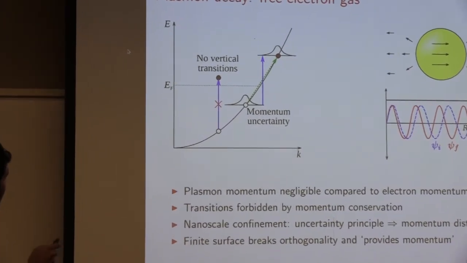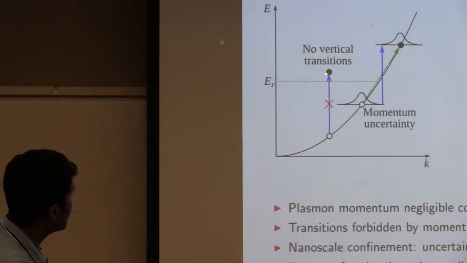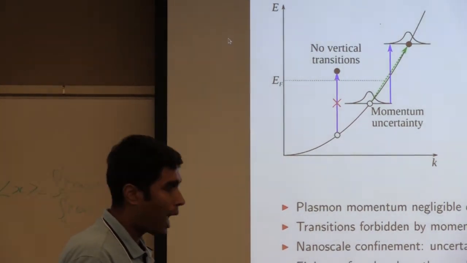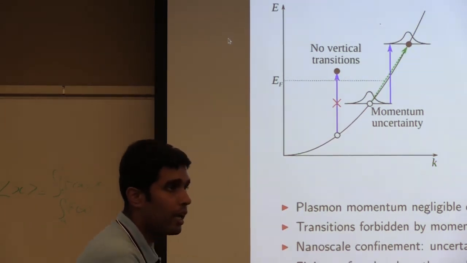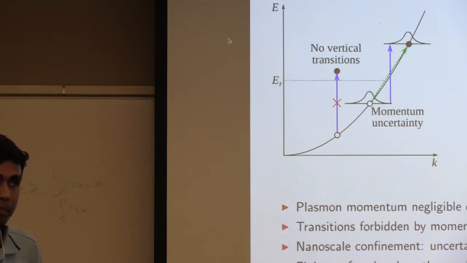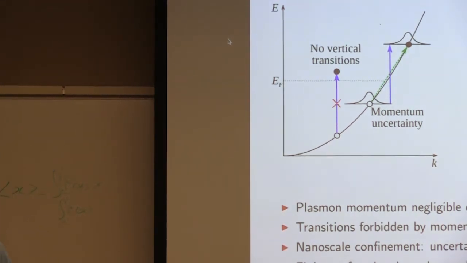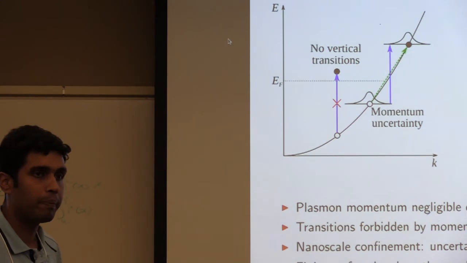Okay. Now, in doing so, you have to conserve energy and momentum. So this energy difference between the initial and the final state is the energy of the photon, and the difference on the x-axis, which is k, is effectively the momentum. Right? Now, in this case, because the photons are significantly faster than the electrons, effectively the momentum of photons on this axis is 0.